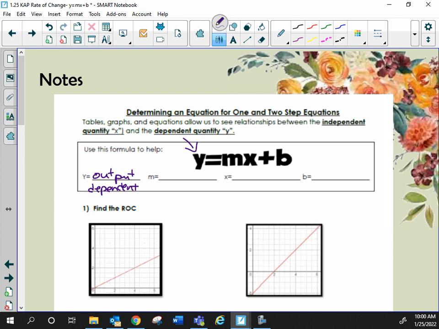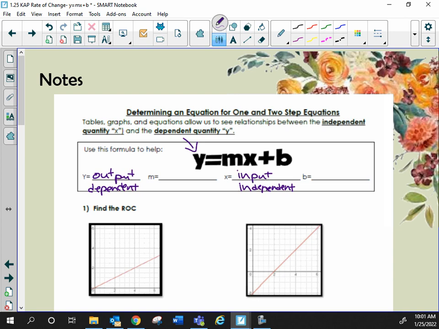Okay, therefore my x is my input, or my independent. Okay, that has not changed.